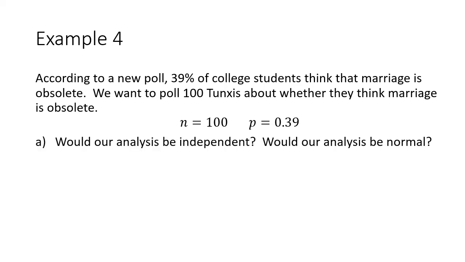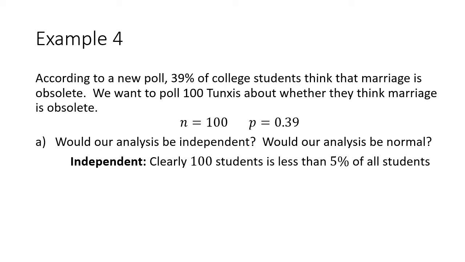So question 1, would our analysis be independent and would our analysis be approximately normal? Independent is easy because clearly 100 students is less than 5% of all students. It's less than 5% of all students at Tunxis or 5% of students in Connecticut or 5% of students in the country. So the next one is to figure out whether or not it's going to be normal.